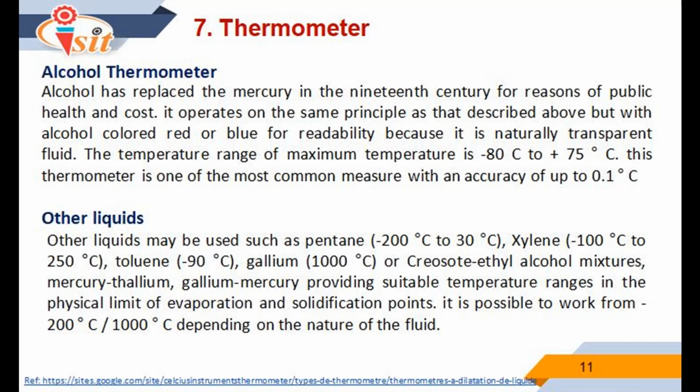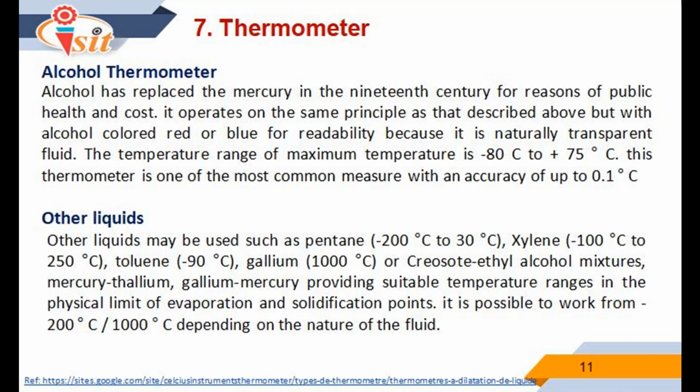The alcohol color is red or blue for readability because it is a naturally transparent fluid. The temperature range for the alcohol thermometer is minus 18 degrees Celsius to plus 75 degrees Celsius. This thermometer is one of the most common, with an accuracy up to 0.1 degree Celsius.